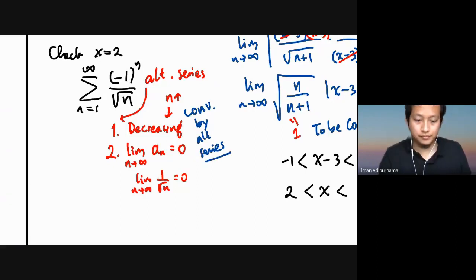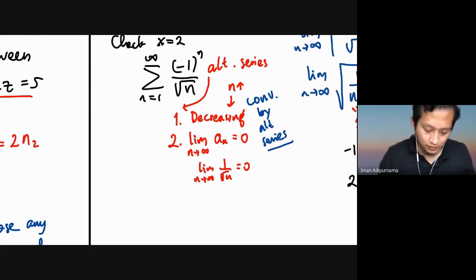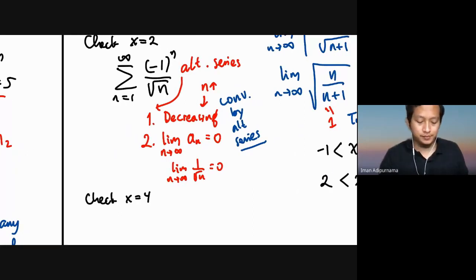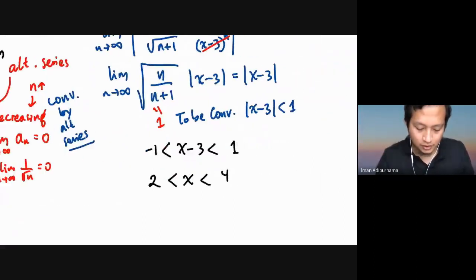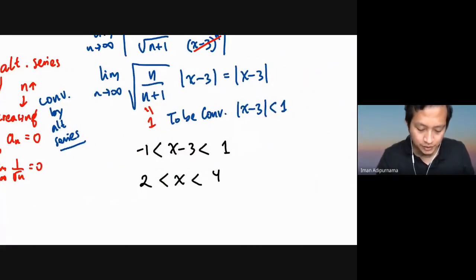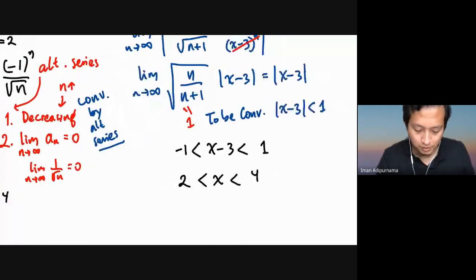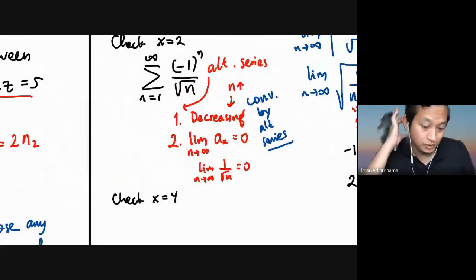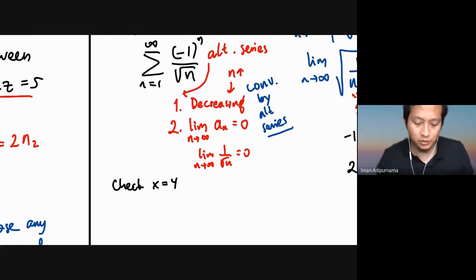So check the other x. Check x equal 4. Every time you have an interval from the ratio test of a power series, don't forget to check each endpoint. Check x equal 2, check x equal 4.